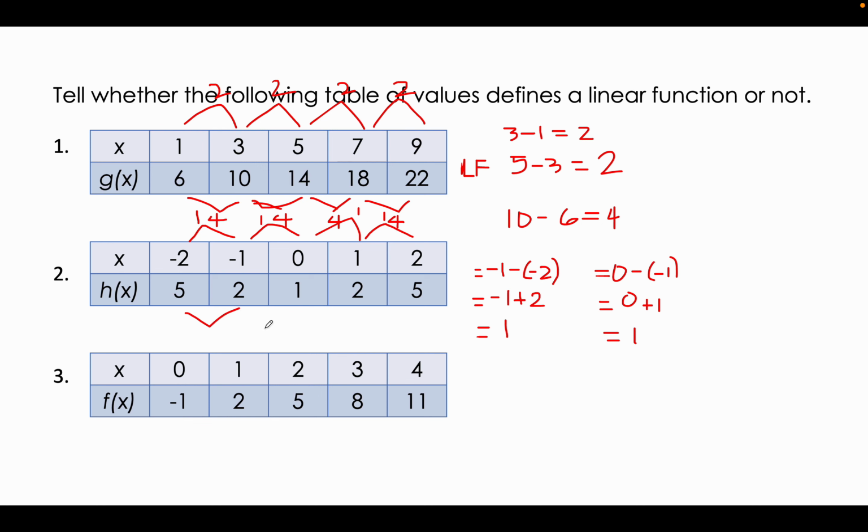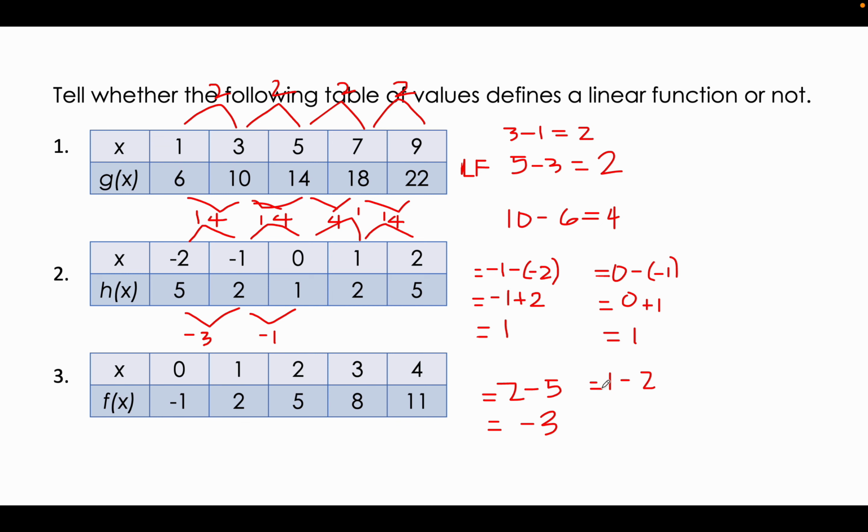So we have 2 minus 5. Okay, so we have 2 minus 5 here. The answer is negative 3. Then 1 minus 2, so negative 1. Right?